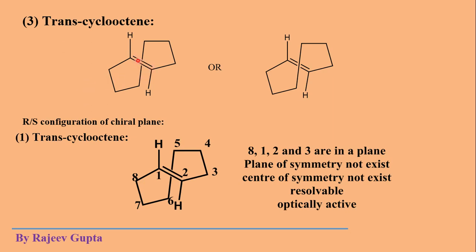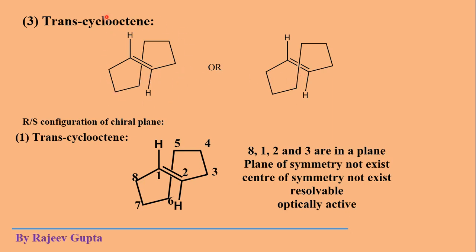Due to the presence of a single double bond, this structure becomes non-planar, like this or this. We can show both types, and these two types are enantiomers of each other. Both types are mirror images of each other.